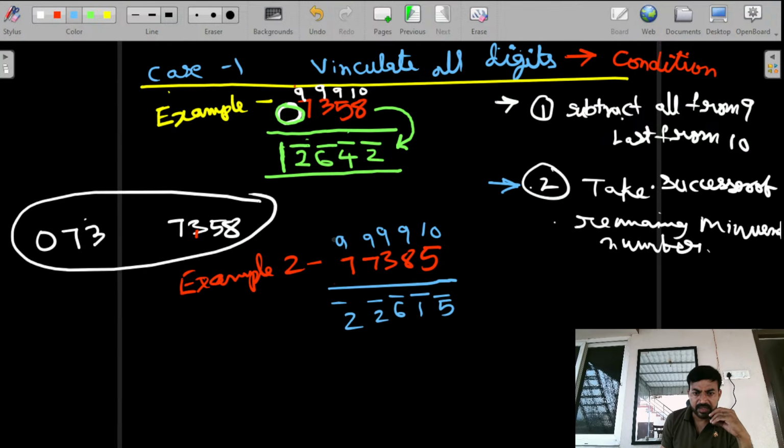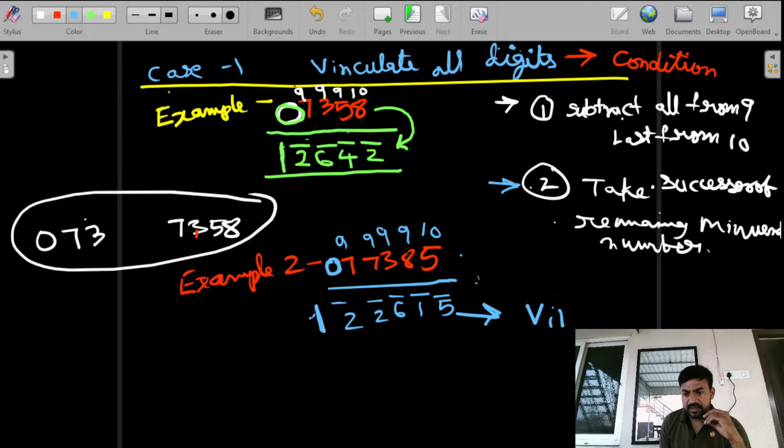You have to assume there is a 0 before 7. So the successor of 0 is 1. Yes, 1 bar 2 bar 2 bar 6 bar 1 bar 5. So we call this the vinculated form, because you can find a bar on a few digits.